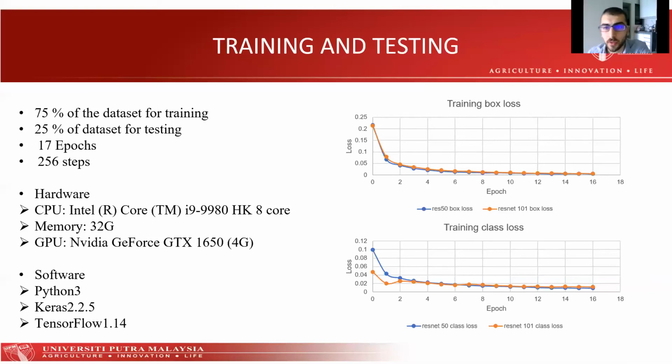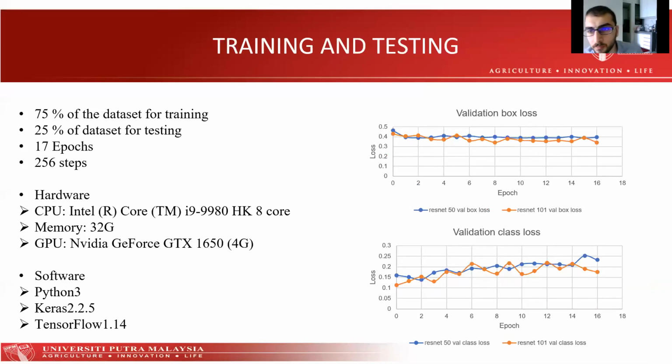The training box loss, as you can see, both models reached 0.01, and the training class loss of both models also reached 0.01%.